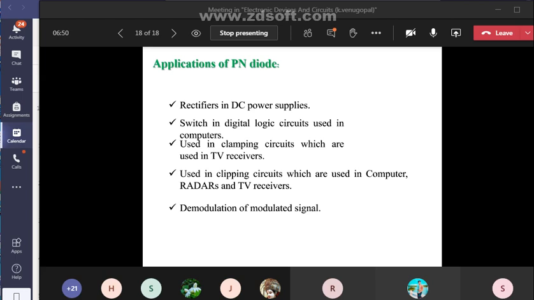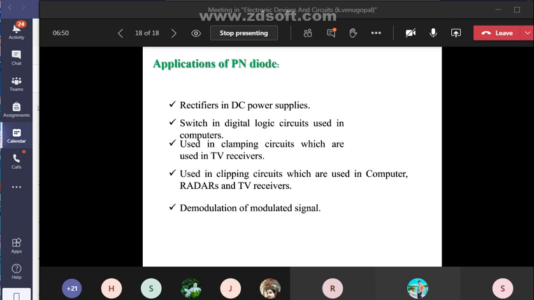PN junction diodes can also be used in clamping circuits, which are used in TV receivers, and clipping circuits, which are used in computers, radars and TV receivers. They are also used in demodulation of modulated signals.